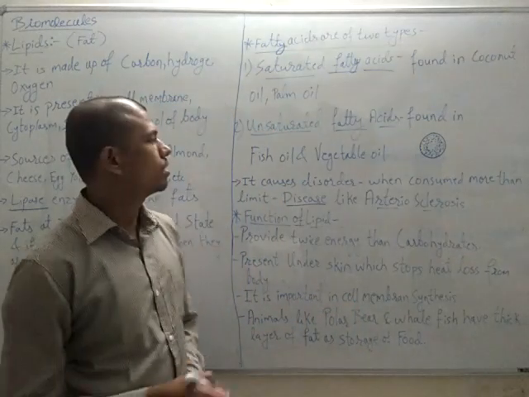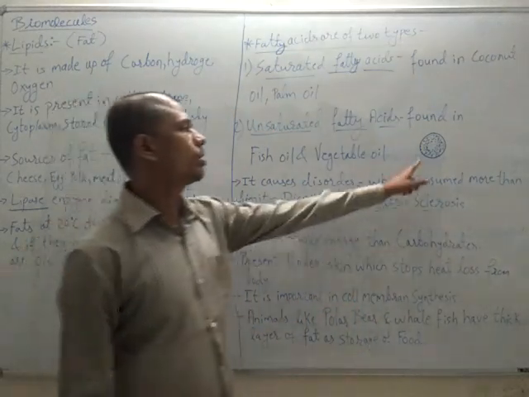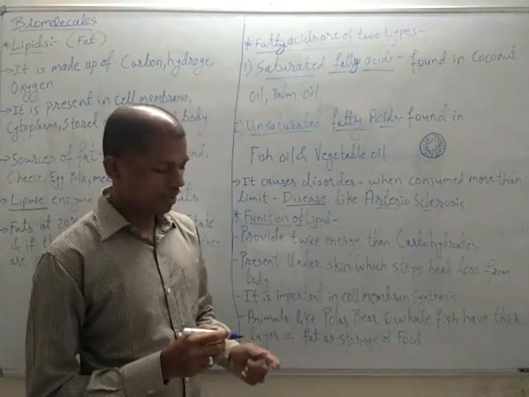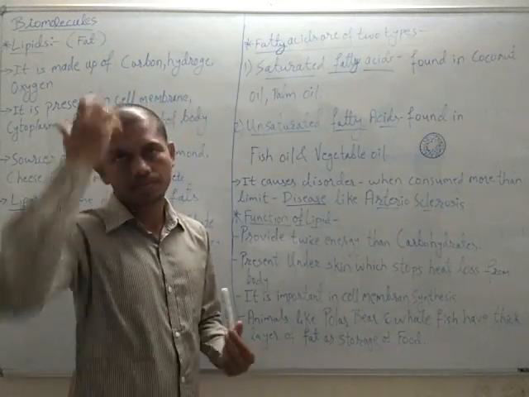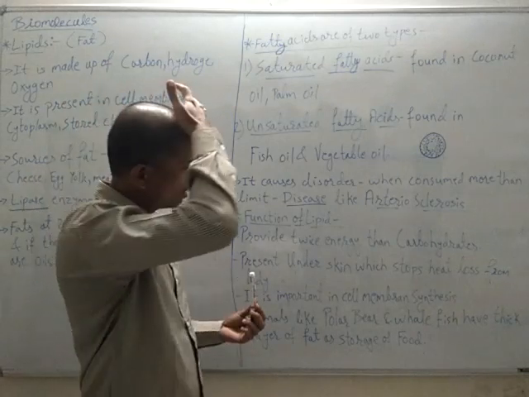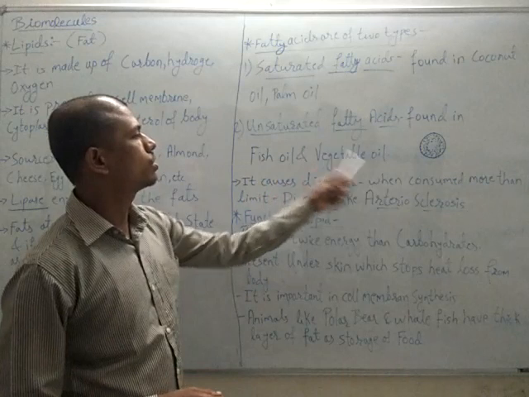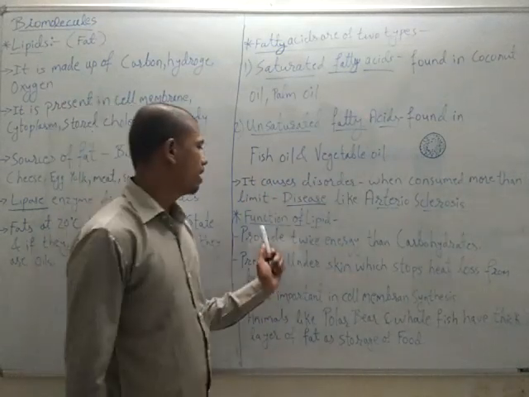Heart attack can occur, and it also causes arteriosclerosis, meaning hardening of the blood vessels. So this kind of disease can occur due to deposition of fat in the blood vessels.